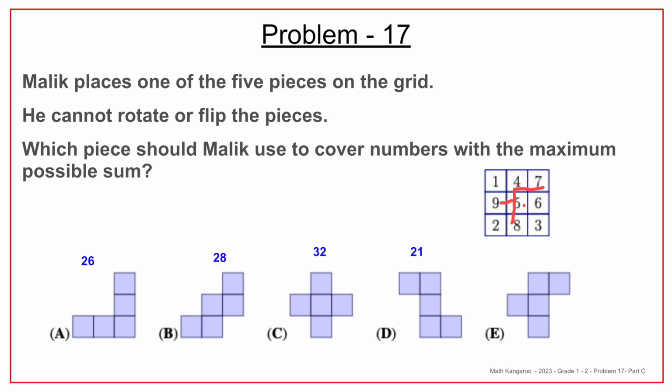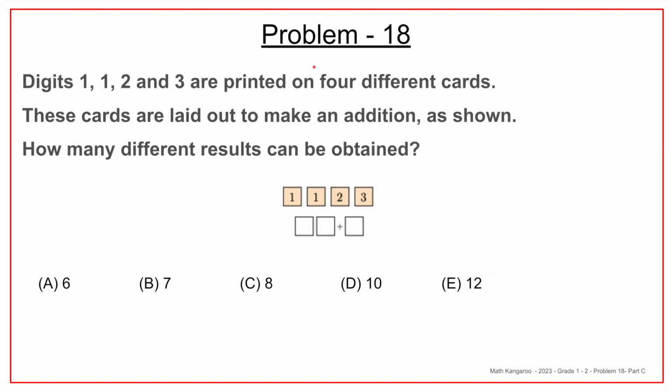So we sum 8 plus 5, 13, 13 plus 9, 22, 22 plus 4, 26, 26 plus 7, 33. So this is 33. So maximum we got here is option E, 33. This is our answer.